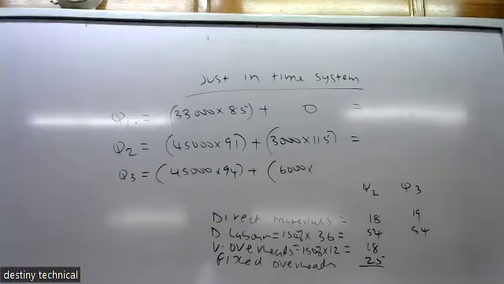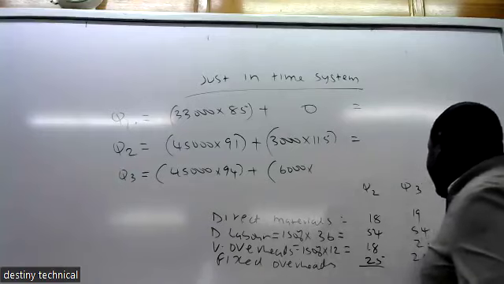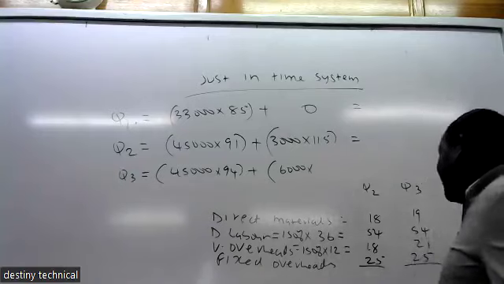Then variable overhead is 14. So can you get 150% of 14? It is 21. So fixed costs, they are not changing, it's still 25.